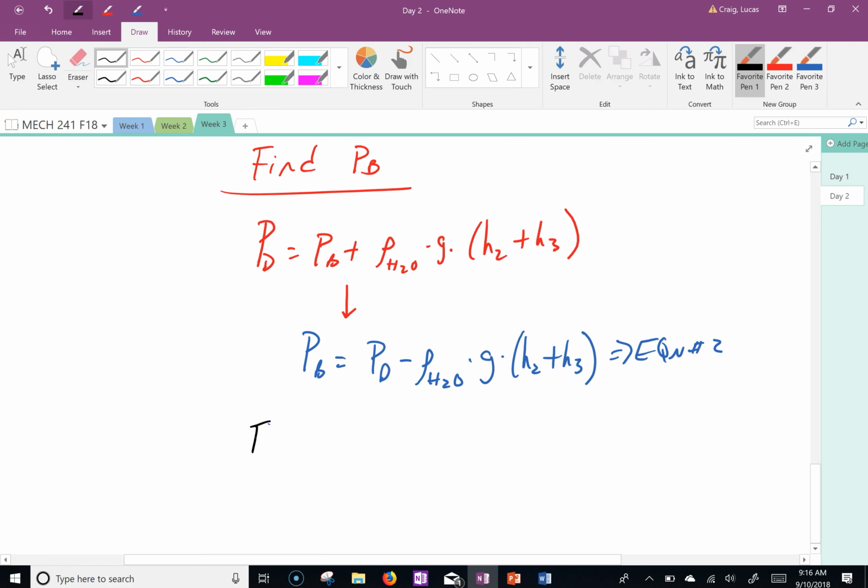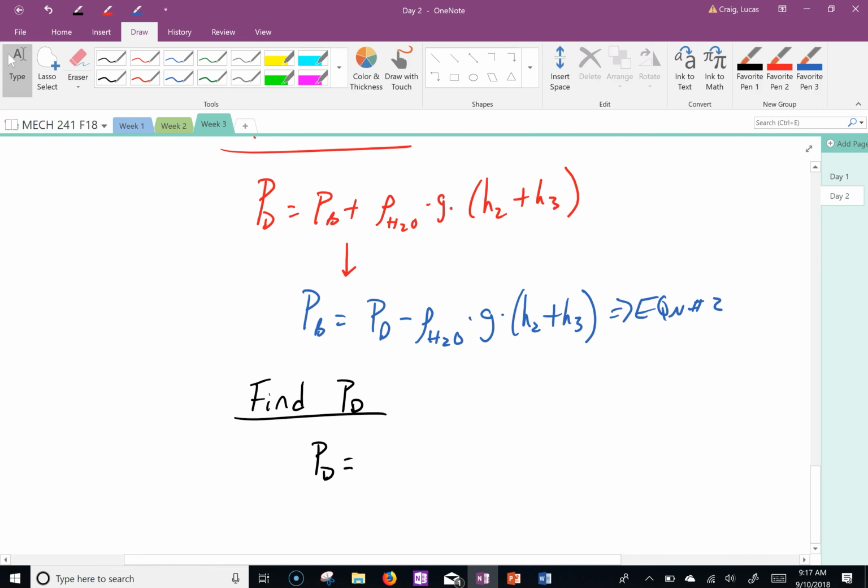And now, we need to find what? PD. And it won't be this class, but in next class, I'll show you the shortcut. Okay? But it's good to know this first. So I'm going to write the equation, write it down, and we'll discuss it.